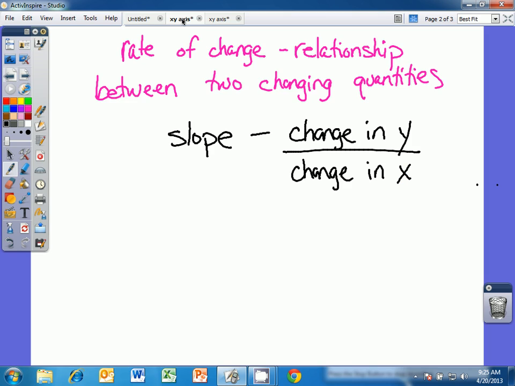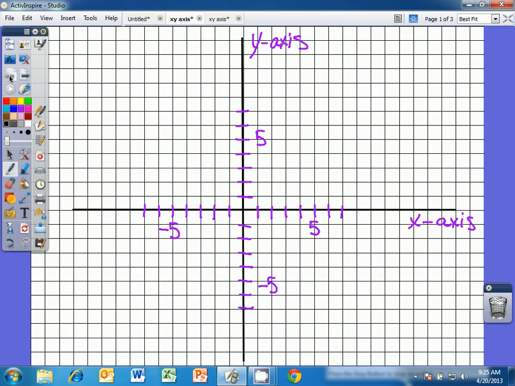So if we look at the coordinate plane, the y-axis is my vertical axis and my x-axis, the horizontal axis.